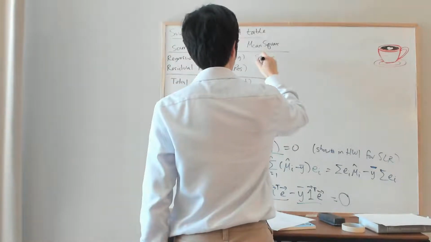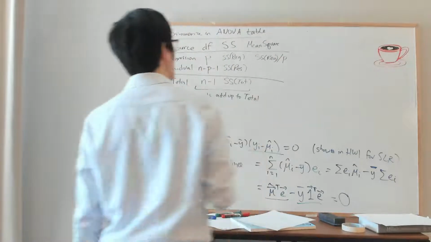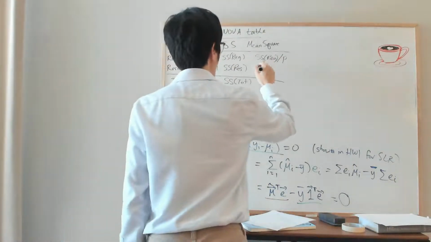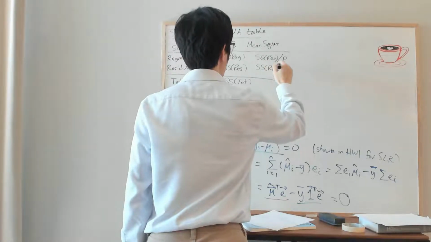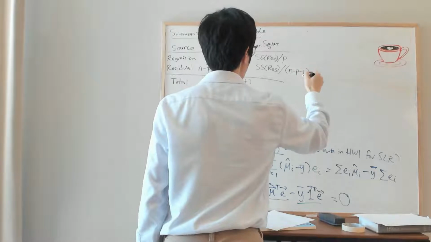And likewise with residual, take the sum of squares residual and divide by its corresponding degrees of freedom, n minus p minus 1.